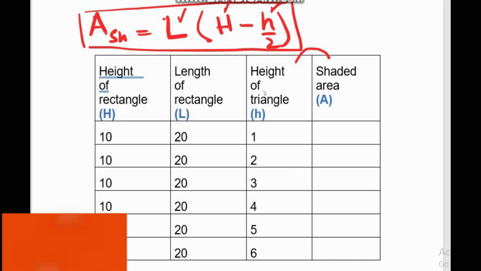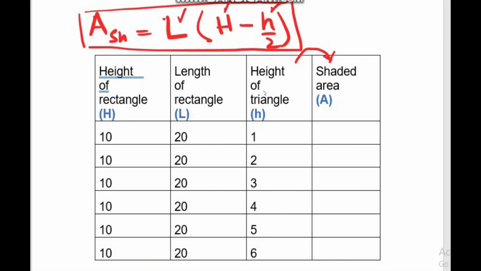Again, the study is between the shaded area and the height of the triangle. Let's fill out these values. Again, using substitution like before, I'm going to fill out the table here. So that's 190, that's 180, 170, and I know you can predict yourself, 160, 150.